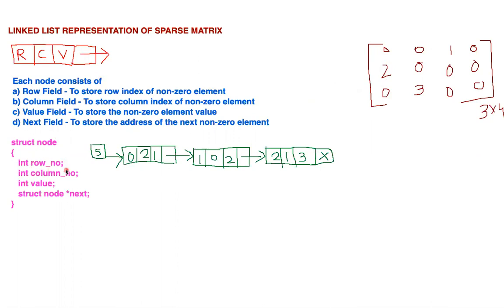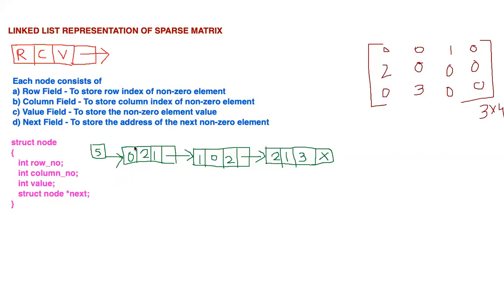So the first one will be for the row number of the non-zero element. The second one will be for the column number of the non-zero element. The third one will be for the value of the non-zero element. And the fourth one is the pointer. It's a self-referential pointer to the next, which will store the address of the next node or the next non-zero element in the sparse matrix.